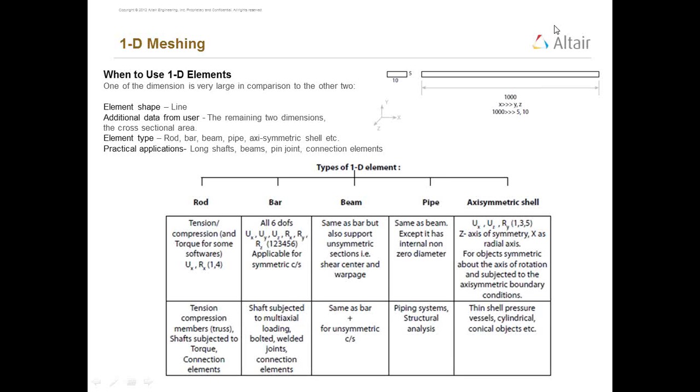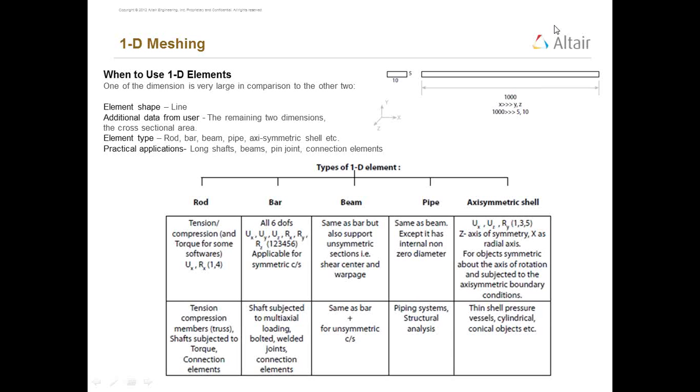The practical examples can be stated as shafts subjected to multi-axial loading, bolted welded joints, connection elements, etc. Then beam 1D elements are the same as bar, but also support unsymmetric cross sections, shear centers and warping. The practical applications are the same as bar, plus additional ones for unsymmetric cross sections.